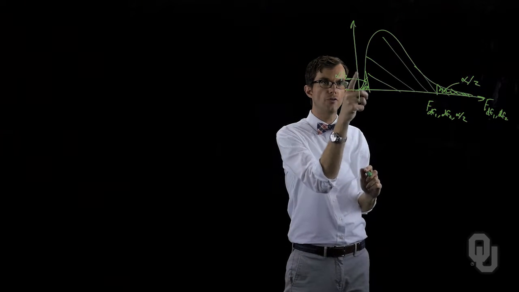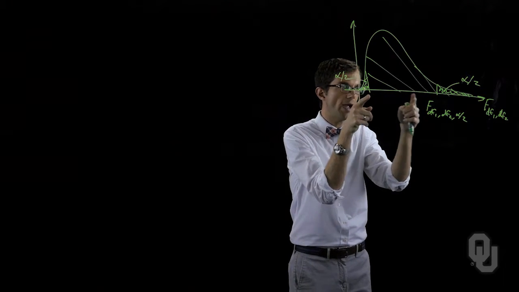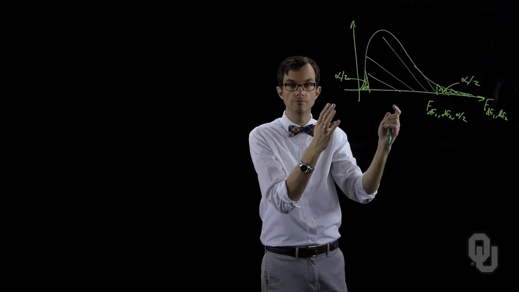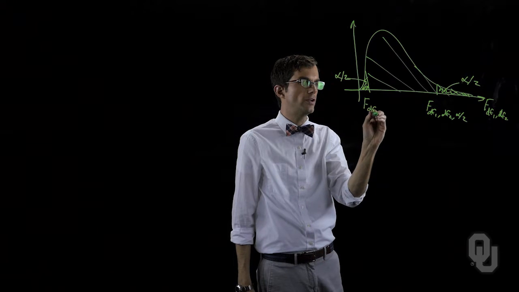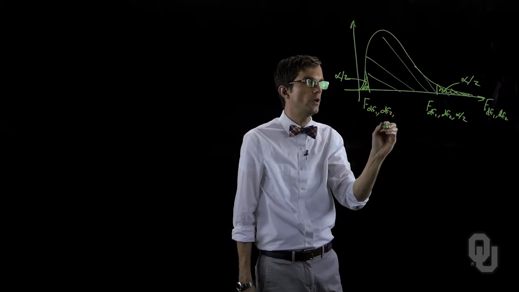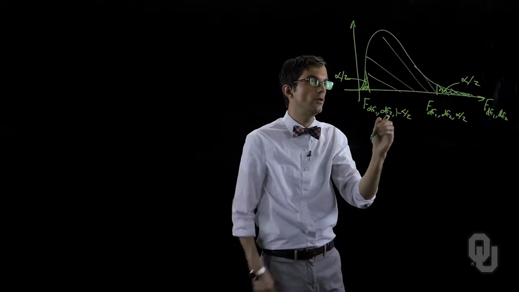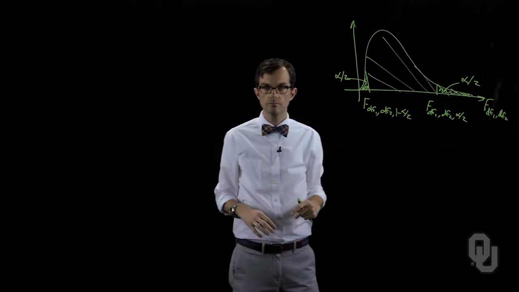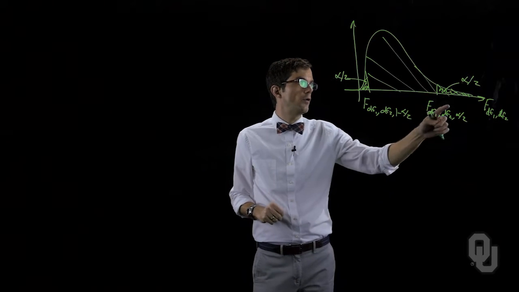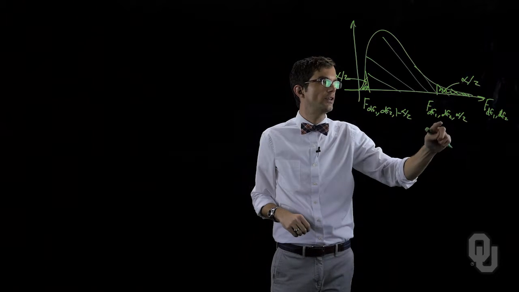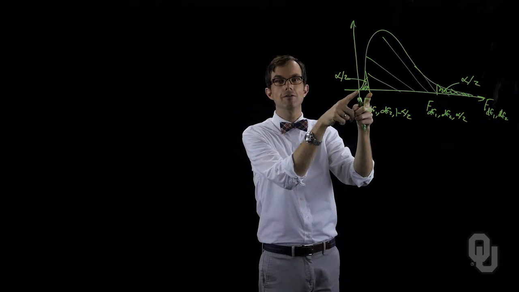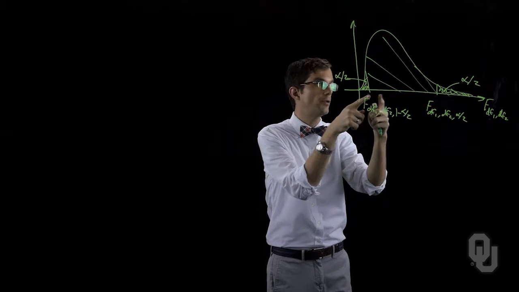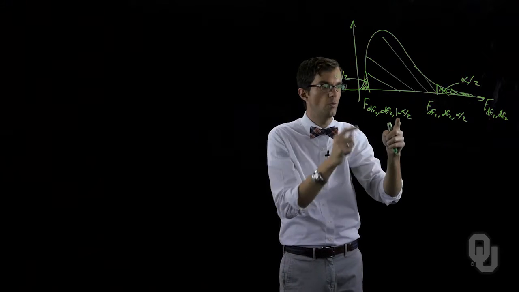So if we want alpha over 2 down here, we want 1 minus alpha over 2 in the upper tail. This value on this axis would be for degrees of freedom 1, degrees of freedom 2, and 1 minus alpha over 2 in the upper tail. Up here we're fine, we've just got alpha over 2 in the upper tail. Down here, if we want alpha over 2 in the lower tail, then we need to find the complement of that in the upper tail, 1 minus alpha over 2.